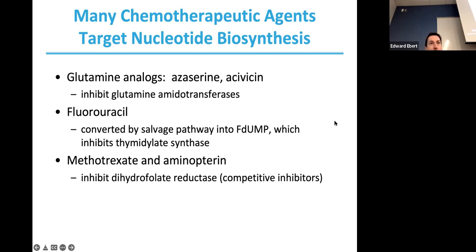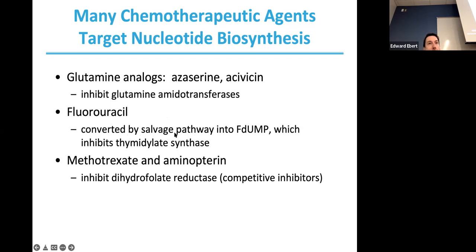And again, just to go back to chemotherapy, talking about cancer, a lot of cancer drugs are analogs. They target nucleotide biosynthesis because, again, fast dividing cells, we want to prevent them. So you might have glutamine analogs, which will inhibit those glutamine aminotransferases, slow that down.